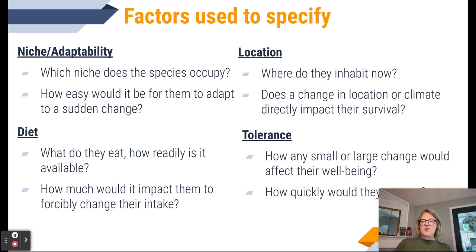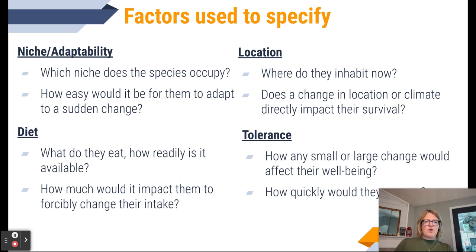And then also, how much would it impact them to forcibly change their intake of food? If you started feeding this organism something new right away, are they going to be able to tolerate that and survive? Location is another factor involved in this. You can ask yourself, where do they inhabit now? Does a change in their location or in their climate directly impact their survival?